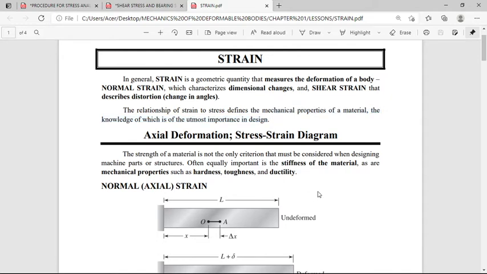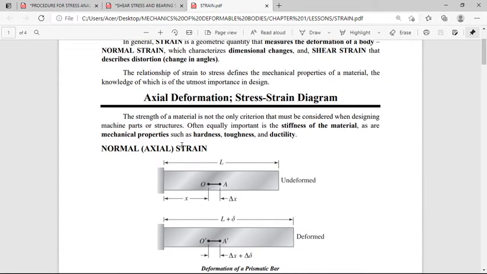Hindi lang si stress ang kino-consider natin when we are designing solid materials or structural members. Itong si strain ay ang kabiyak nitong si stress na dapat nating i-consider when we are designing. Yun. So, let's proceed to axial deformation, stress-strain diagram.